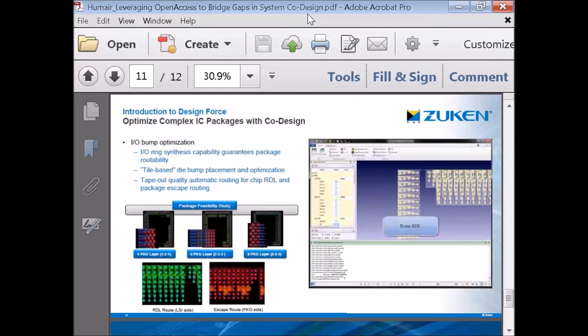So in here, what I was going to show is that once you have the full system in place, whether from a system view or from a planning perspective, because of open access we have the ability to bring in some initial starting point of the chip data. You can then bring in the package. The goal we're trying to achieve, working with other partners in the industry, is to help optimize seamlessly so you could shave off an RDL layer or reduce package layers for your devices.